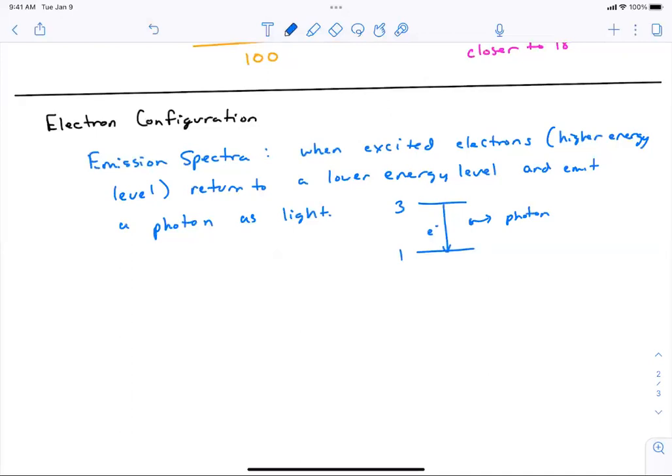Okay. So an emission spectrum gives off light. So an emission spectrum is what you would see, colors of the rainbow, when you look at a sample of an element, because they're emitting different visible colors of light and other frequencies of light as well, but what you see is the visible colors.